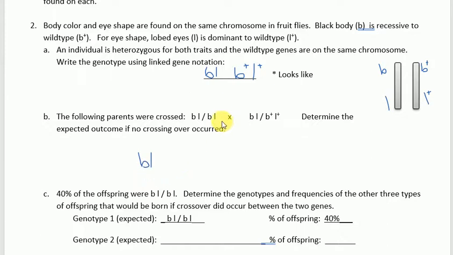Okay, so first of all, we have little b, little l, little b, little l. So we're just going to use a simplified Punnett. And we have a B, L, and a B plus L plus. So the B wild, L wild. So finish this cross.